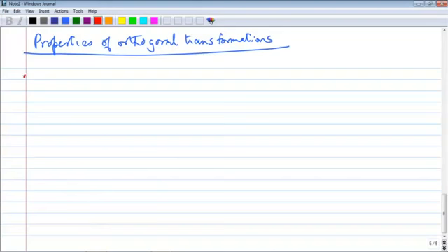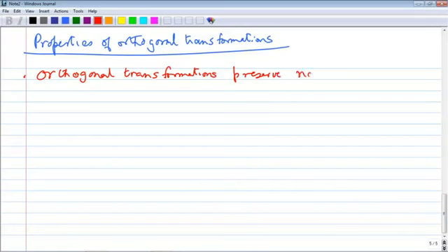One property is that orthogonal transformations preserve norms. So if I had point A, what do I know?